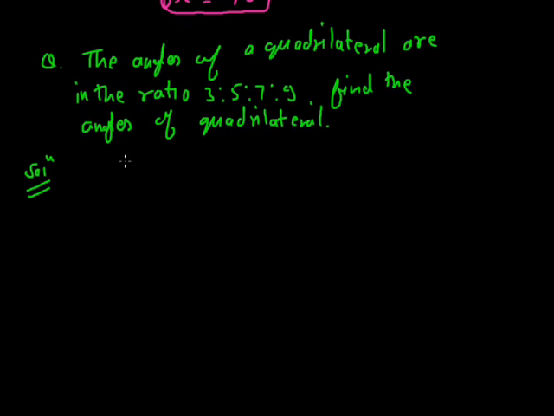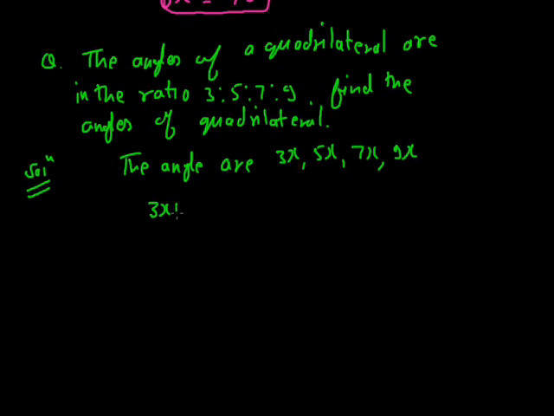So let's assume that the angles of a quadrilateral are 3x, 5x, 7x and 9x. As the ratio is given to us, that is 3 is to 5 is to 7 is to 9, let's take x as a common multiple. And we know that the sum of all the angles should be equal to 360 degrees.